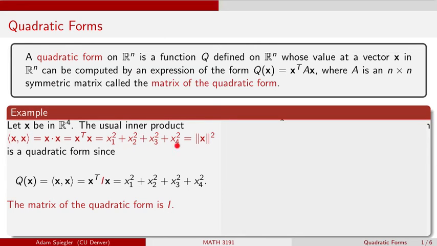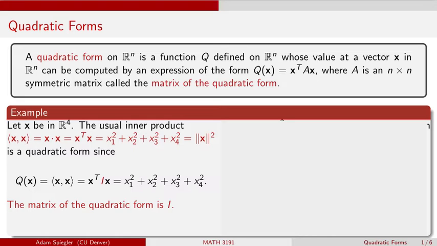So this is a very familiar function that we've seen in the context of inner products in calculating distances and angles. And notice that this function, when we write it in terms of the entries of the vector x, is a quadratic function. So it's not that surprising why we call this a quadratic form.